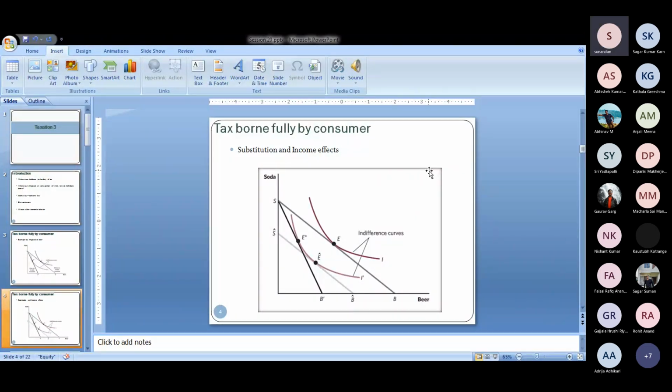Somehow this individual has moved from E to E star because of a change in price of beer. Good. Then this decomposition will ask me to do this first thing. Try to find out the amount of money I should take away from him, so the income that should be reduced so that this individual attains a utility level I prime.